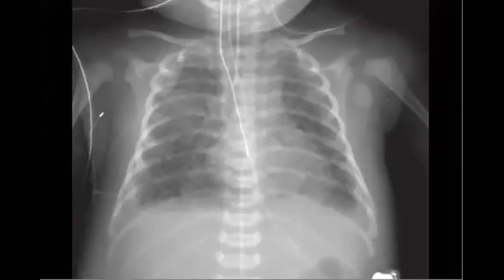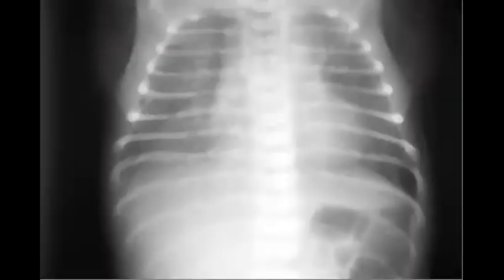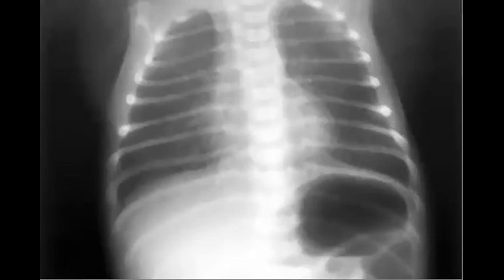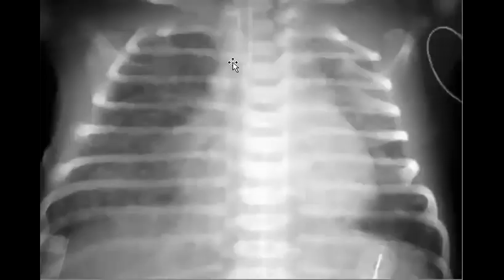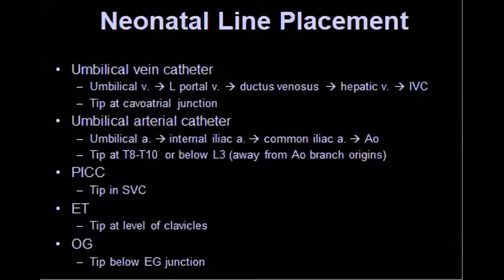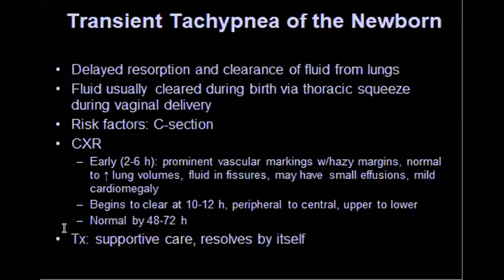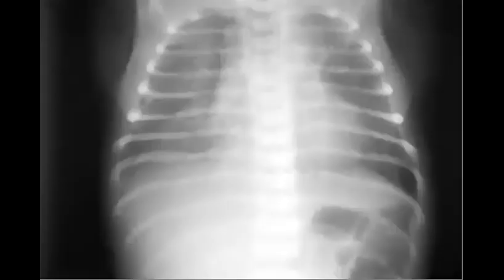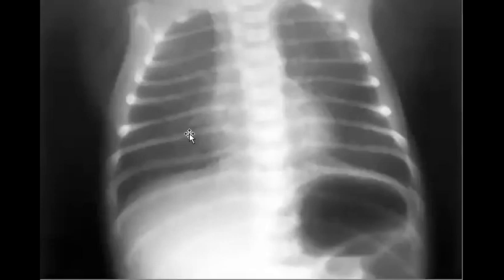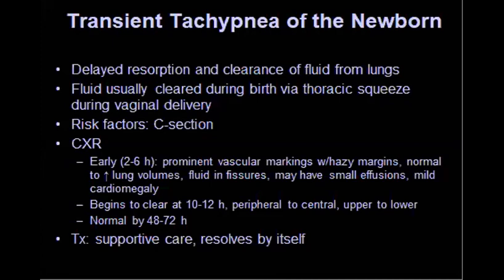So this is the endotracheal tube. And this patient, when he was normal, and this patient, again with the endotracheal tube, you can see the very hilar opacities. So this one is transient tachypnea of newborn, and after that he became clear for days.